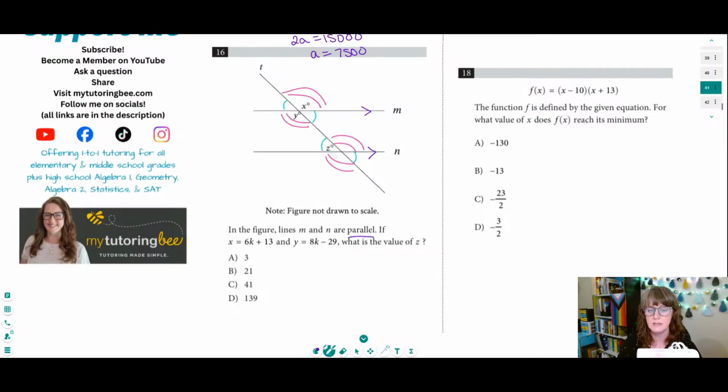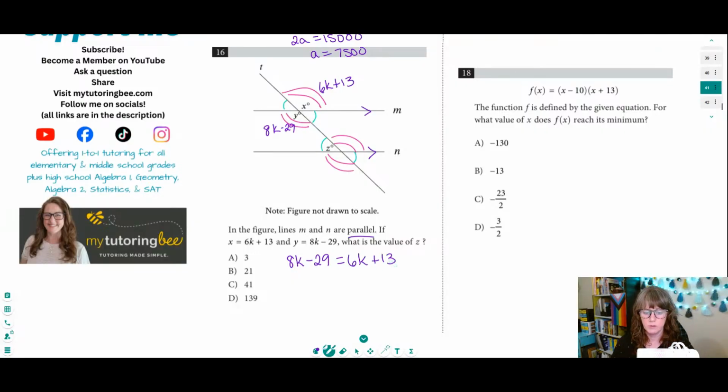We can see that z is supplementary to both y and x. X equals 6k plus 13, y equals 8k minus 29. So this doesn't directly help us find z yet, but we can figure out what these angles are, because each of these are equal to each other, so we can just set these two expressions equal to each other and solve for k.